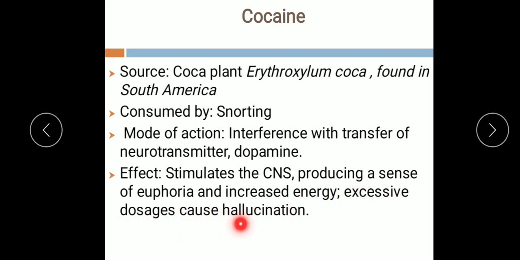Excessive doses cause hallucination. Hallucination means feeling something which does not exist outside, for example hearing different voices. It may have a positive or negative effect.